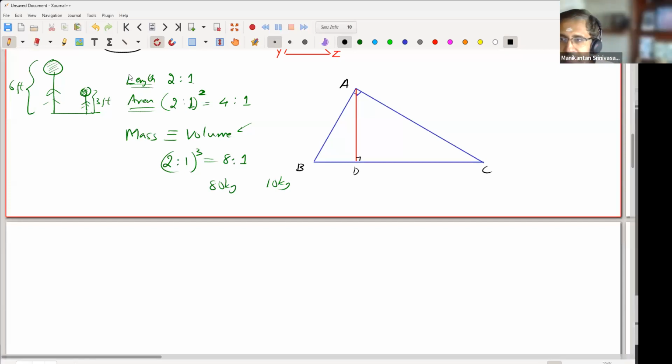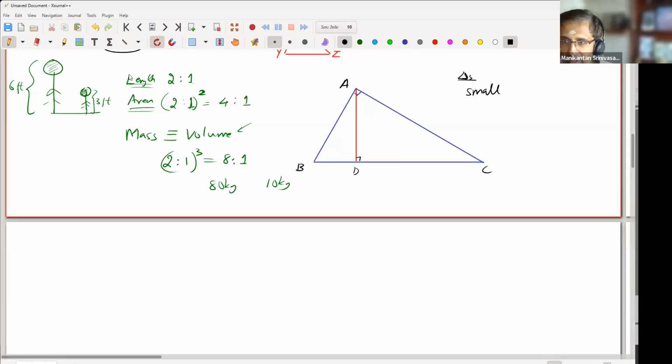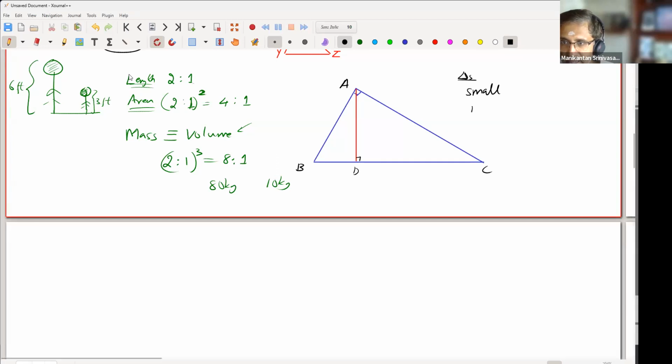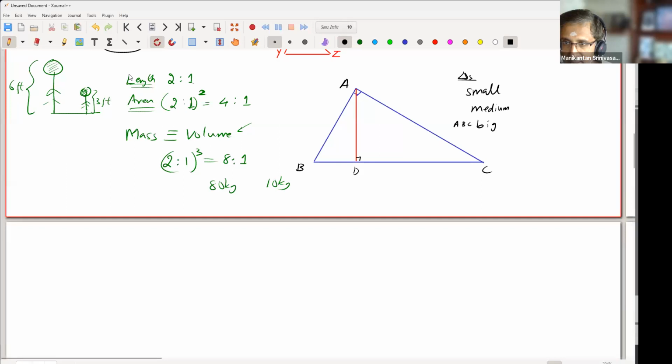Now there are 3 triangles here. Okay, there is small triangle. So I'll just say triangles. Okay, so the small, which is the ABD. And then there's a medium triangle, which is ADC. And then there's the original big triangle, which is ABC. So this is my ABC. This is my ABD.